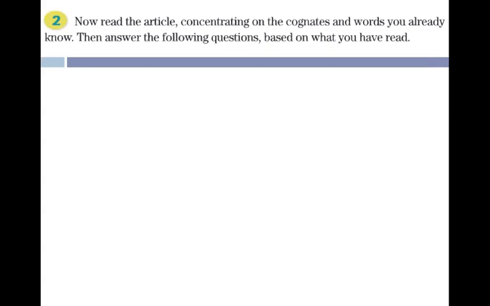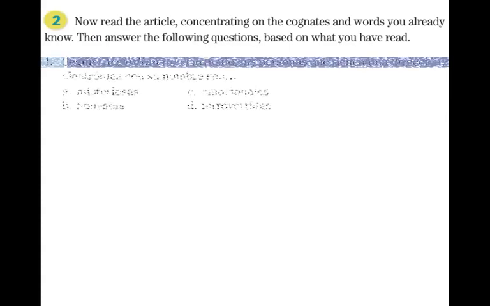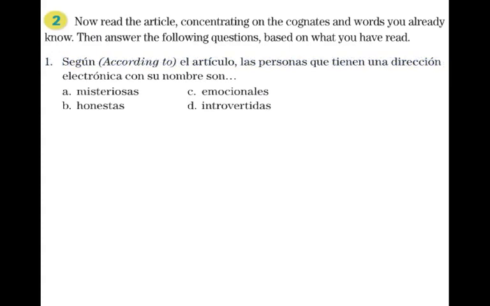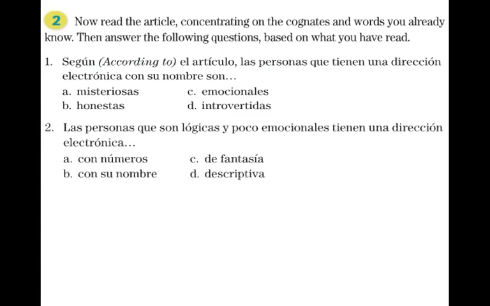Bueno, en página 34, después de leer, after you read the article, and we're going to do that in un minuto, you're going to concentrate on the cognates and words you already know and answer these preguntas based on what you leyeron. 1. Según, according to el artículo, las personas que tienen una dirección electrónica con su nombre son misteriosas, honestas, emocionales o introvertidas. 2.